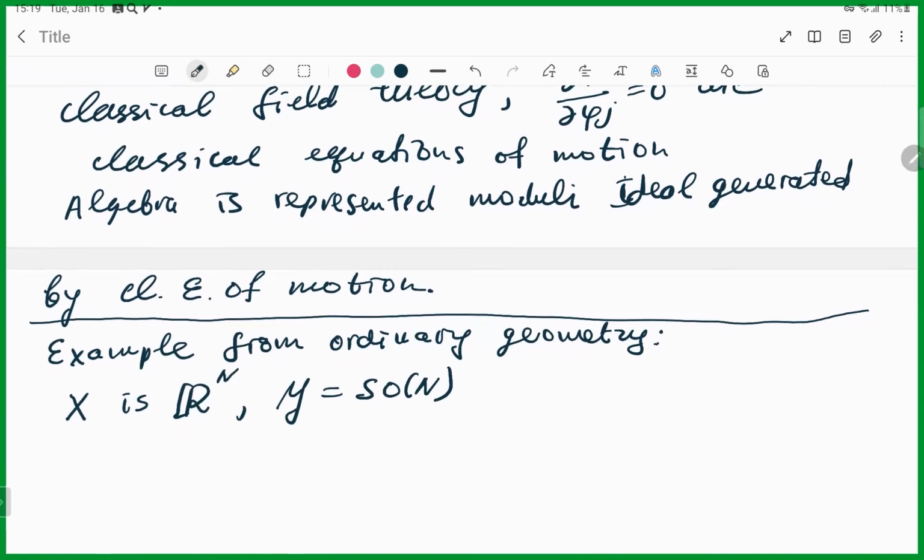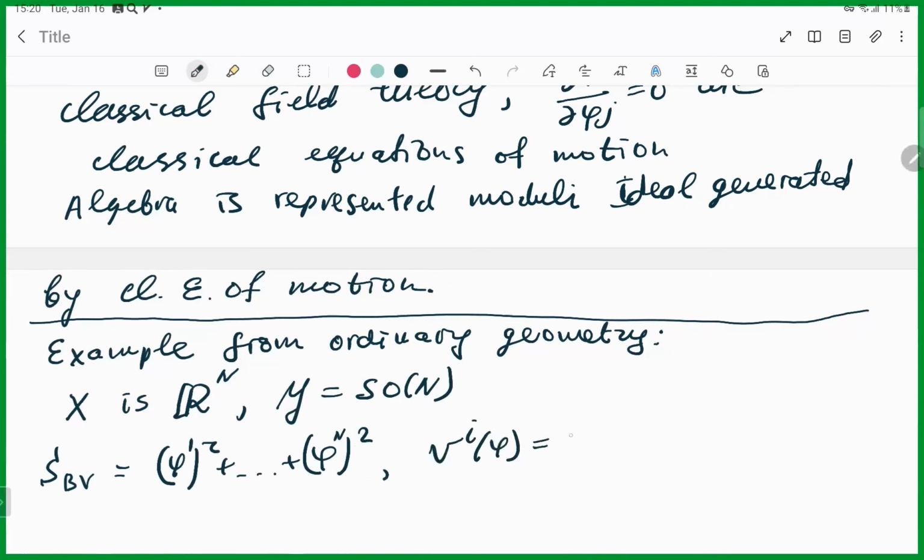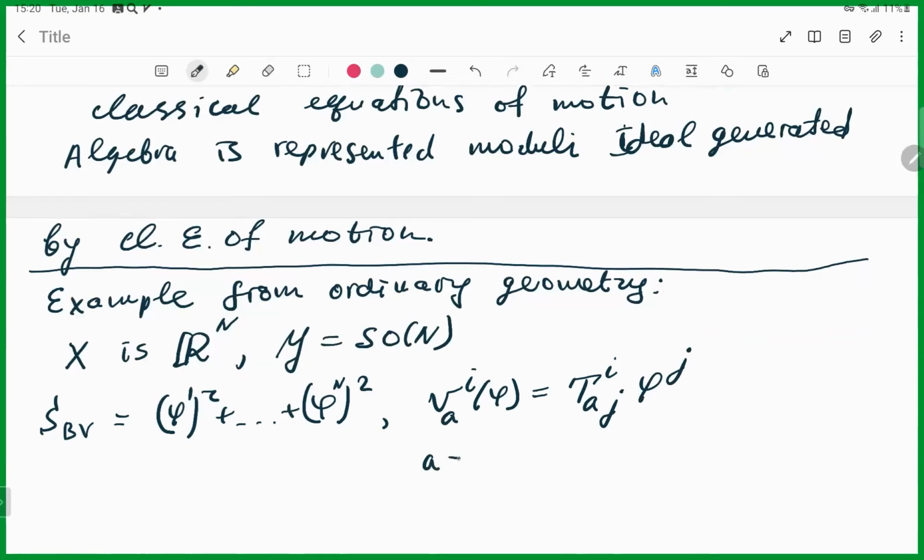Then I can realize the BV action as phi 1 square plus etc. plus phi n square. It's better to put indices up. The vector fields v_i of phi are some matrices T_ij, A. They are linear in phi's. So A here goes from 1 to n(n-1)/2.